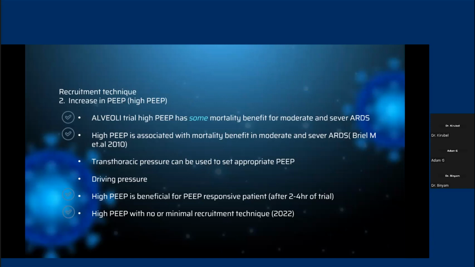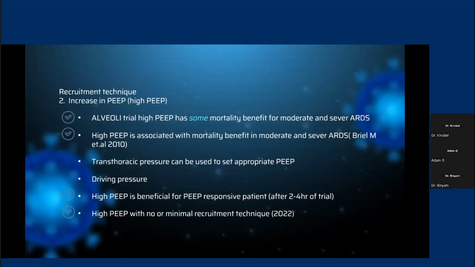Clinically there is some decrease of around 3% in those using high PEEP compared with low PEEP, but that was not statistically significant. There's another study done by Briel and colleagues, which suggests that high PEEP is associated with more mortality benefit, especially in those who have moderate and severe ARDS.